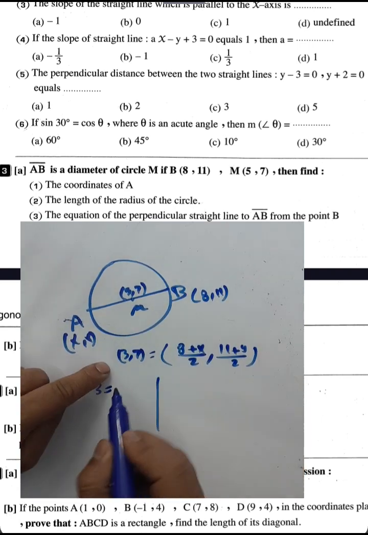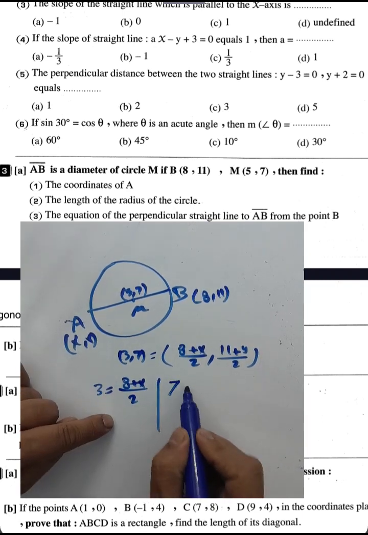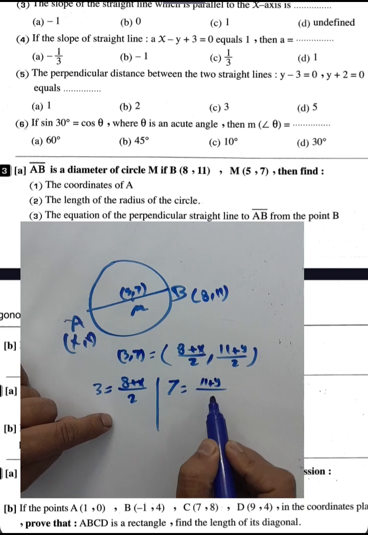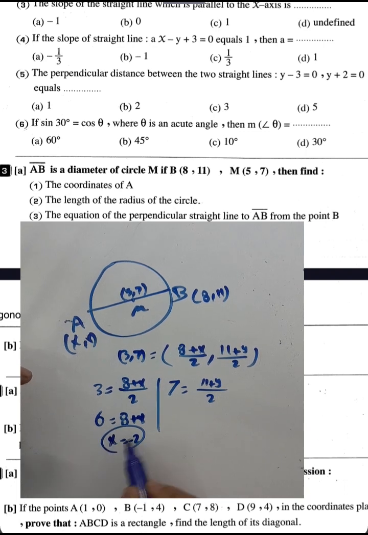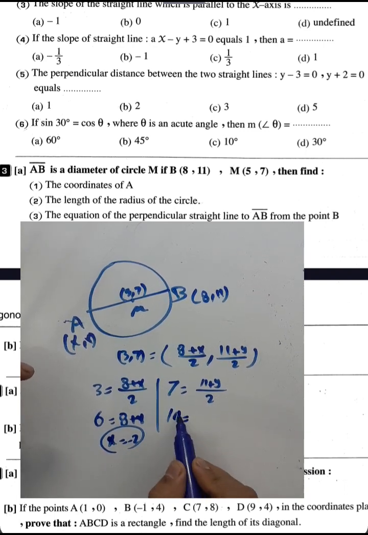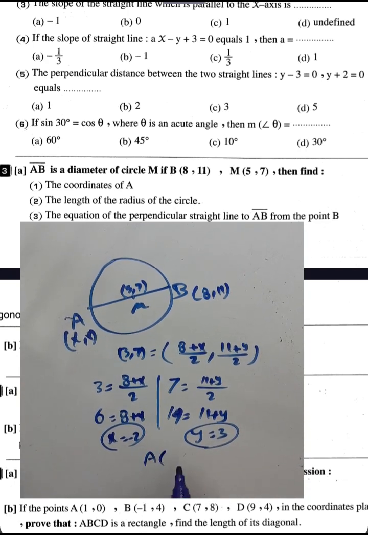Then 3 equals (8 plus x) over 2, and 7 equals (11 plus y) over 2. Then 2 times 3 equals 6, so x equals negative 2, and 2 times 7 equals 14, 11 plus y, then y equals 3.